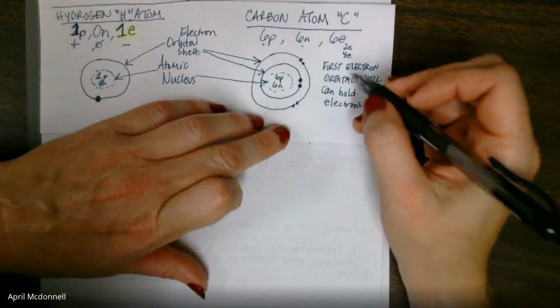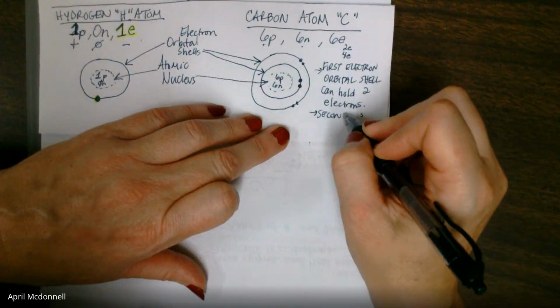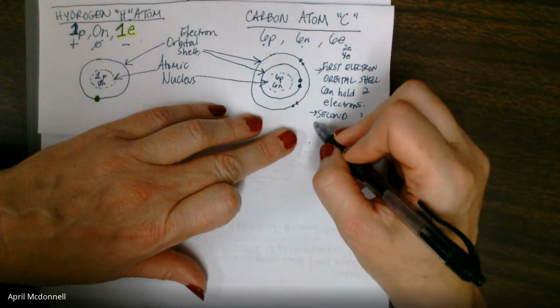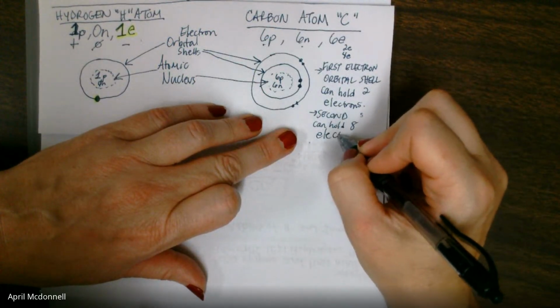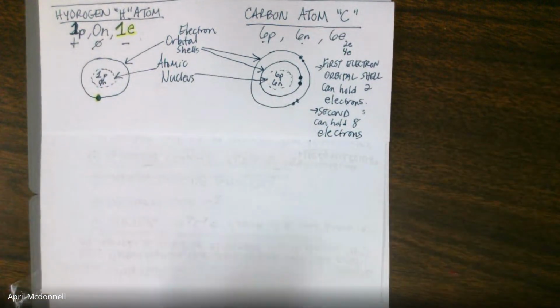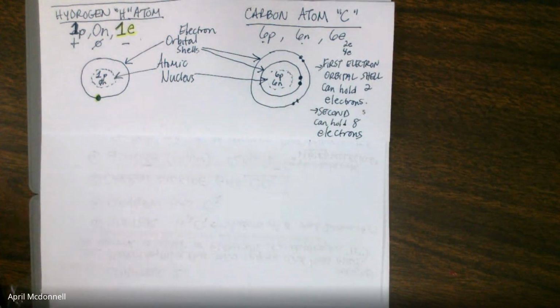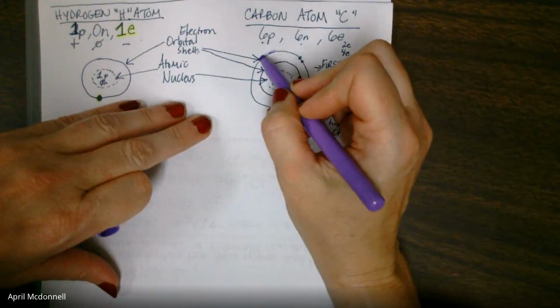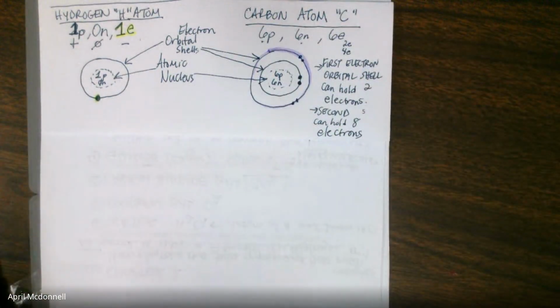We want to make sure we know that the second electron orbital shell can hold 8 electrons. That means that this electron shell is not full. The second electron orbital shell is not full.